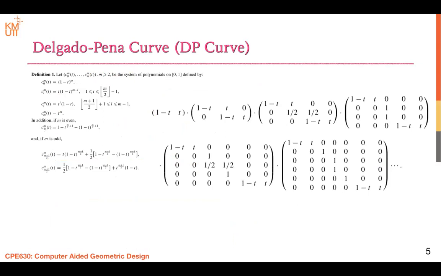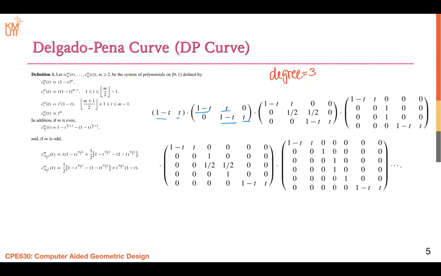So for Delgado and Pena, for the case of degree 1, it is 1 minus t and t. Degree 2 is still the same as the Bezier curve, right? 1 minus t and 1 minus t. Okay, that's okay. But for degree 3, it's not the same as the Bezier curve.